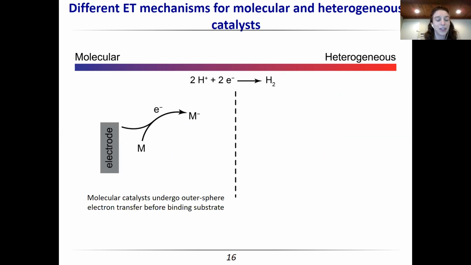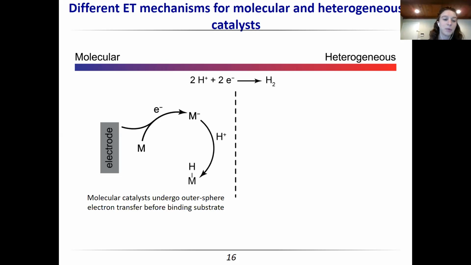So let's say first we transfer an electron to M, generate M minus. The reason it's called a redox mediator is that the driving force then for binding the proton and forming this MH intermediate is coming from the reduction potential of the molecule, not from the electrode.